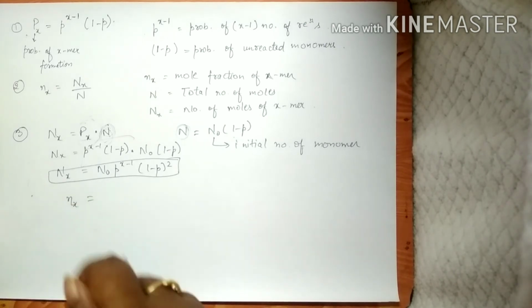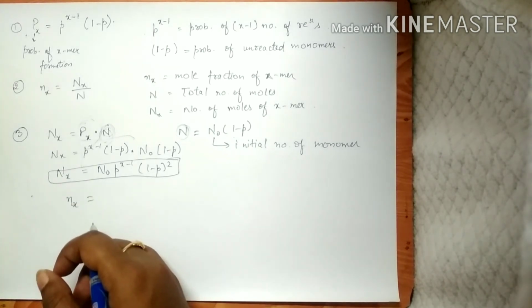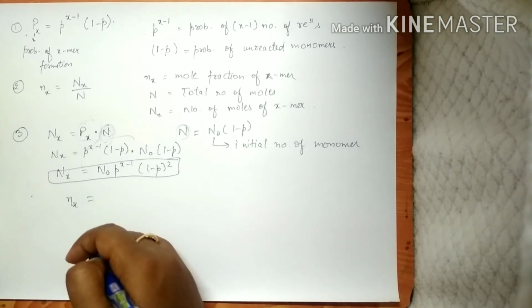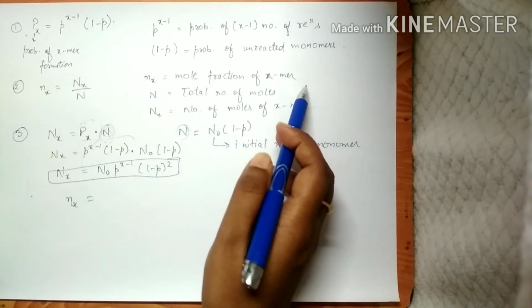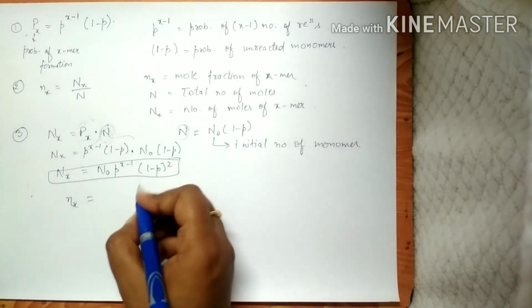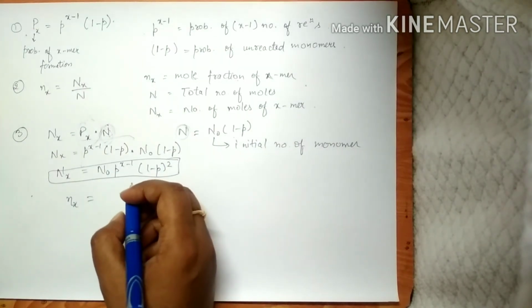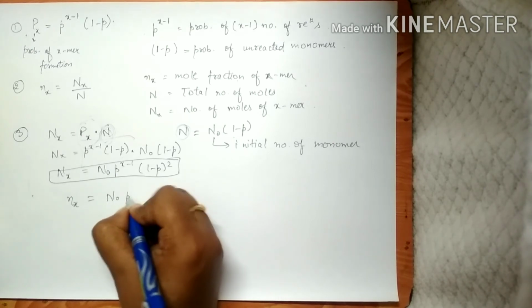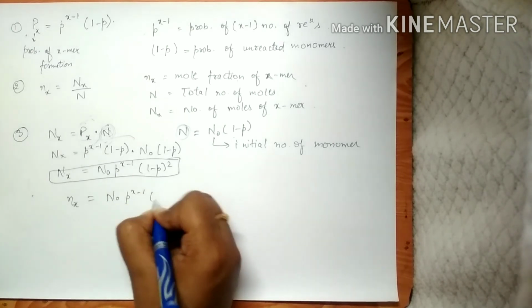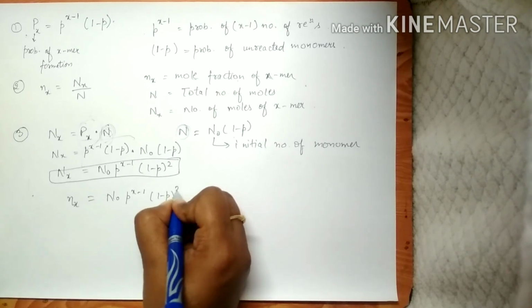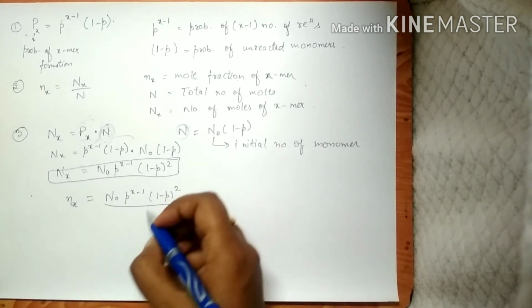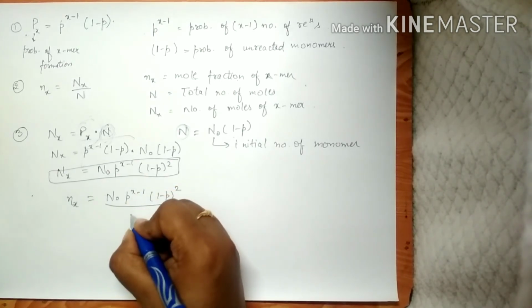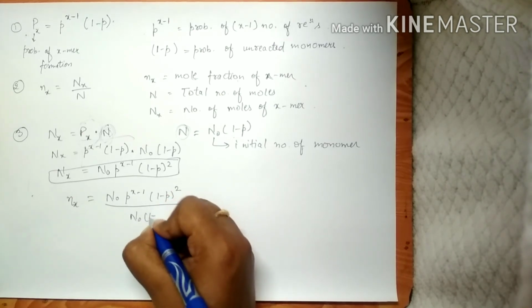Now for small nx, which is your mole fraction of x-mers, you can have small nx is equals to N naught p to the power x minus 1 into 1 minus p whole square upon capital N, that will be your N naught into 1 minus p.